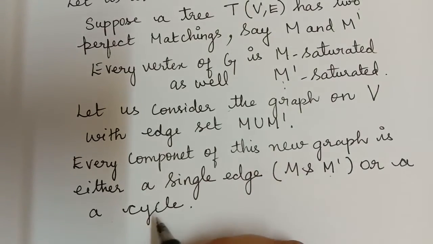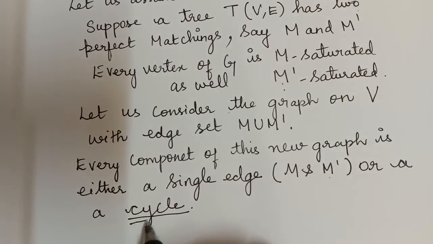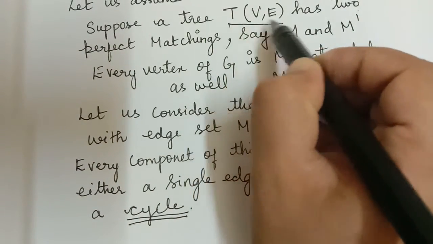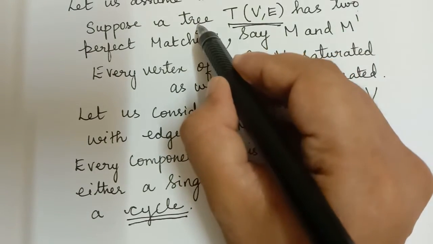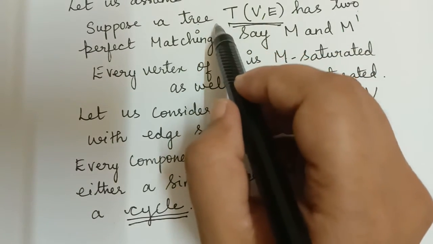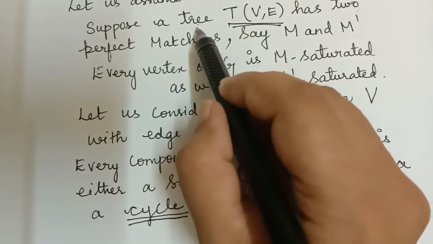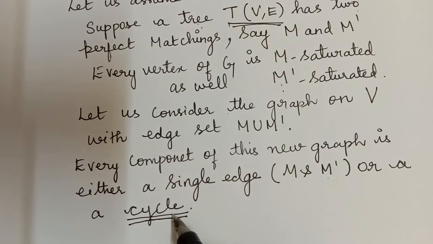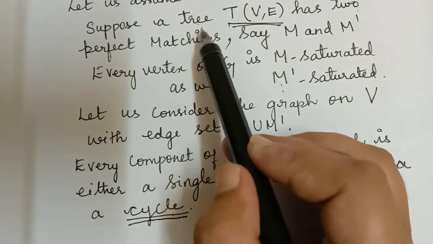But this leads to a contradiction, because we have considered the graph T, which is a tree, which cannot have a cycle, because we know that a tree is a connected acyclic graph. Acyclic means there will be no cycle in that graph. So we have ended up with a cycle, which is a contradiction that it is a tree.